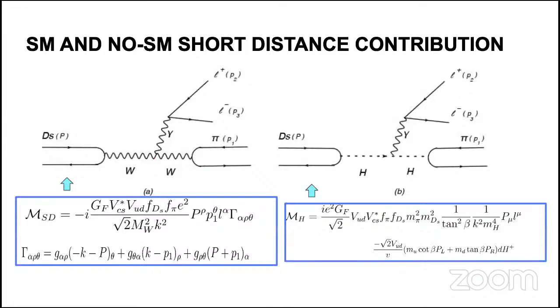We have also taken other scenarios: short distance in the standard model, and another scenario considering charged Higgs in short distance. The first one in the standard model has this amplitude, and for the non-standard model case, in the Higgs sector, the charged Higgs, we have this amplitude.